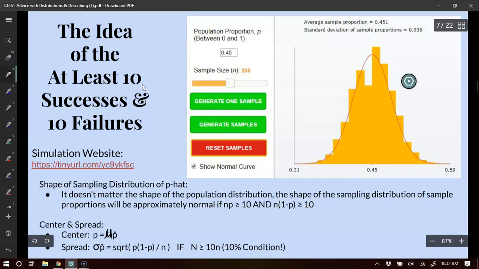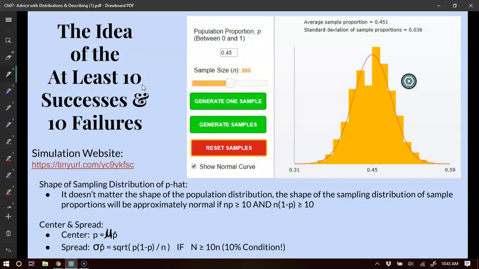Now, for the shape of a sampling distribution of p hats, it doesn't matter what the shape of the population distribution is. The shape of the sampling distribution of sample proportions p hat will be approximately normal if you have at least 10 successes and at least 10 failures. The center, your population proportion p, is equal to the mean of all those sample proportions, so the mean of p hat, mu of p hat, equals p.